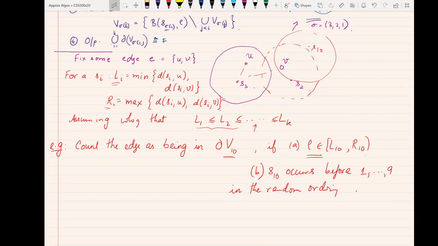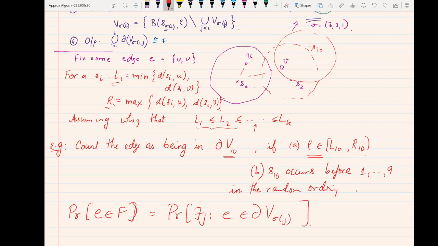So in general, the probability that E is in F is the union of the probability that, right.